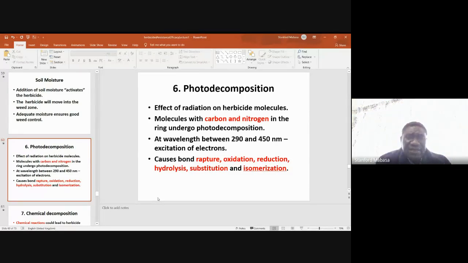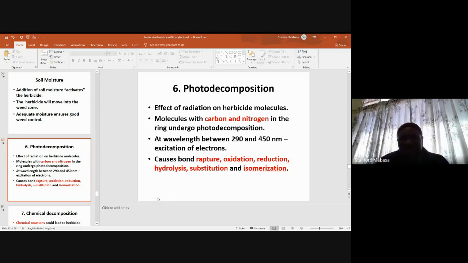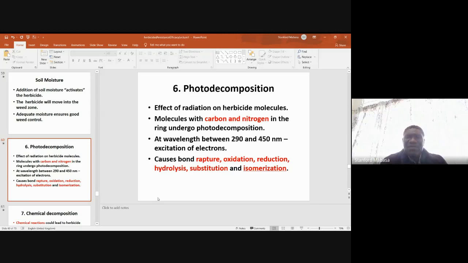A lot of things were actually happening in the soil. Now we move to photodecomposition. This is the effect of radiation on the herbicide molecules. It is the molecules with carbon and nitrogen in the ring which can undergo photodecomposition. You have wavelengths of 290 to 450 nanometers.